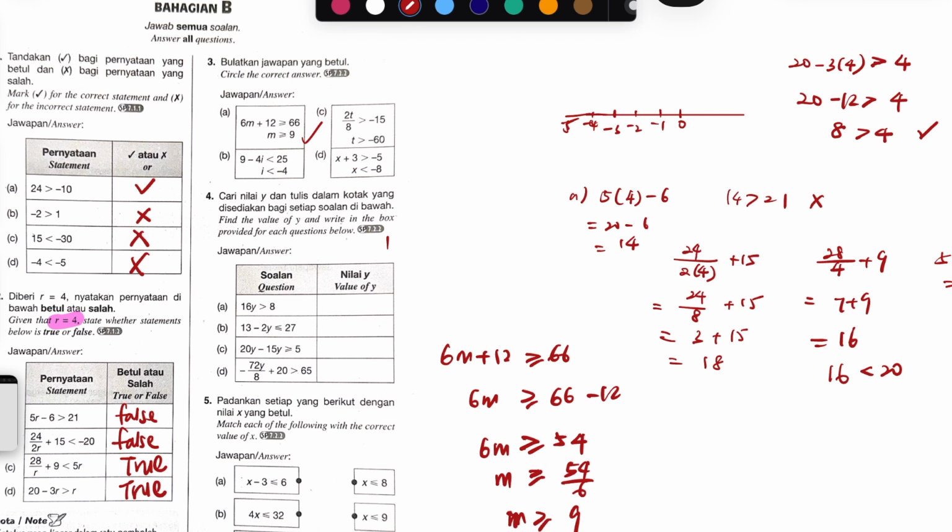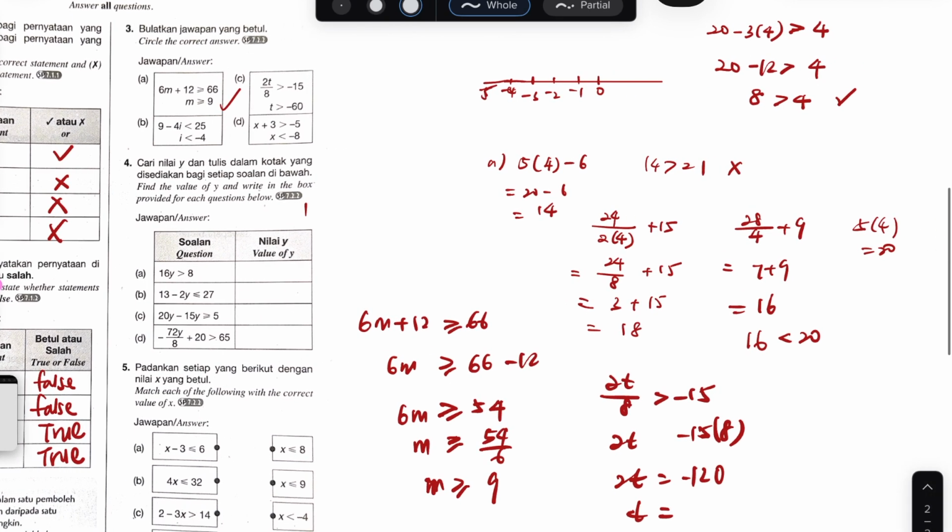All right, so number 2, 2t over 8 greater than negative 15. So 2t is greater than negative 15 times 8. So 2t is equal to negative 120. Oh sorry, no, it's not equal, but greater than. All right, greater than.